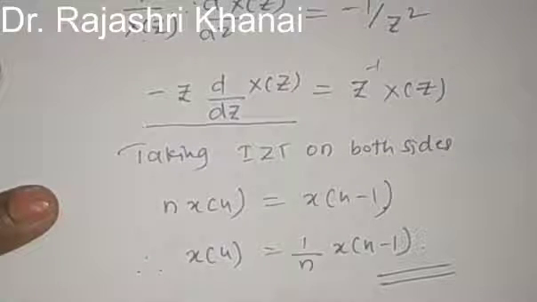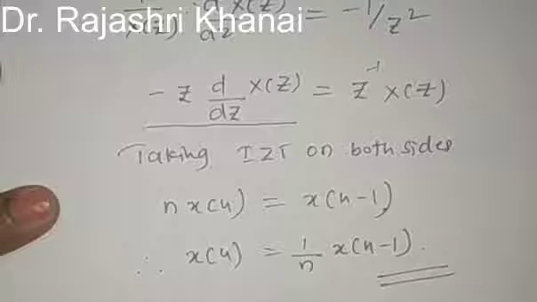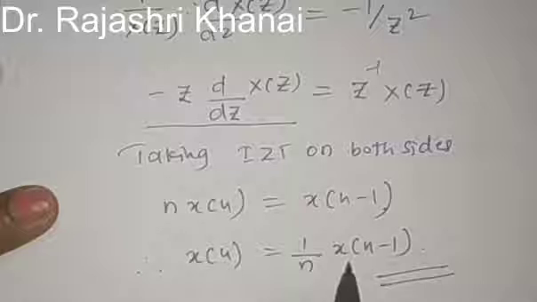So similarly, we can have different approaches to solve different types of examples or different types of signals while calculating the inverse Z transform. Now if you want to go with different values of x of n, we need the initial value of x of n, and n equal to 1, 2, 3 and so on. This is in general in the form of x of n minus 1.